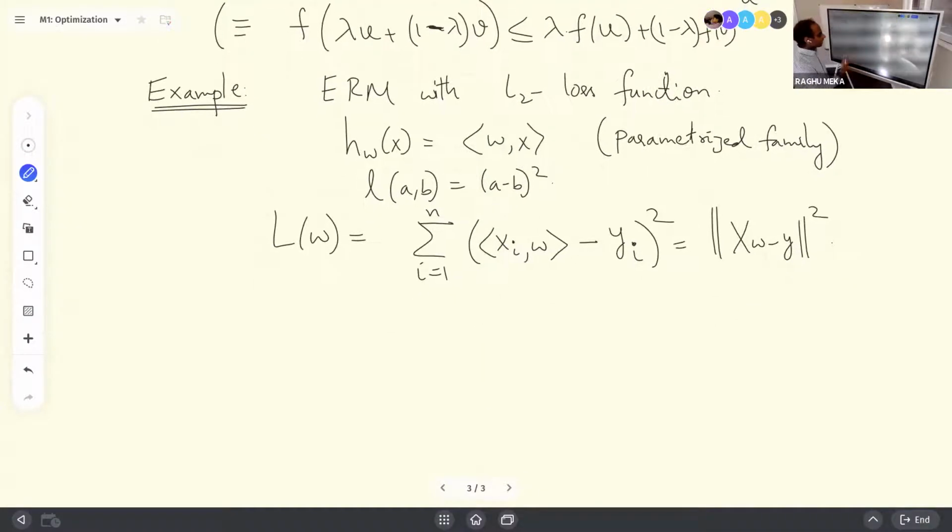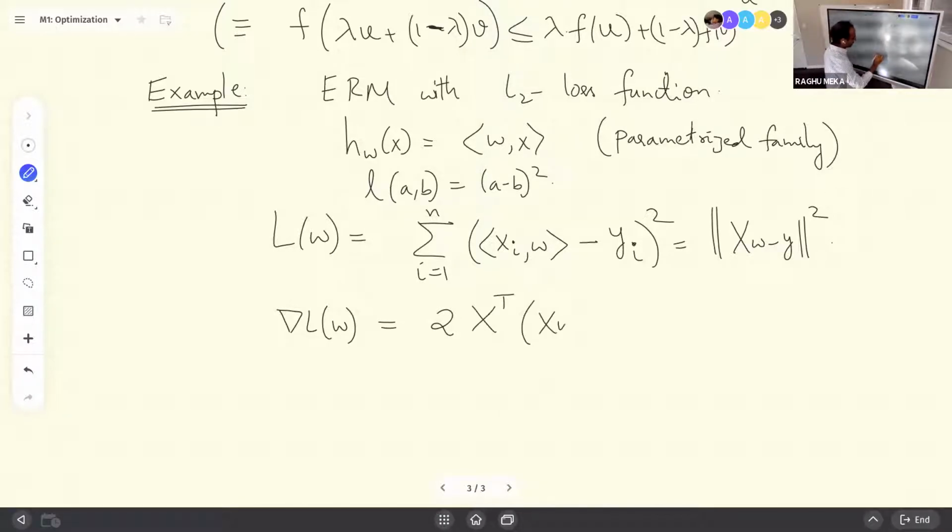So what is the gradient of this function? Well, it's not important to remember it really, but there is a formula for what the gradient is, and it turns out to be this guy.